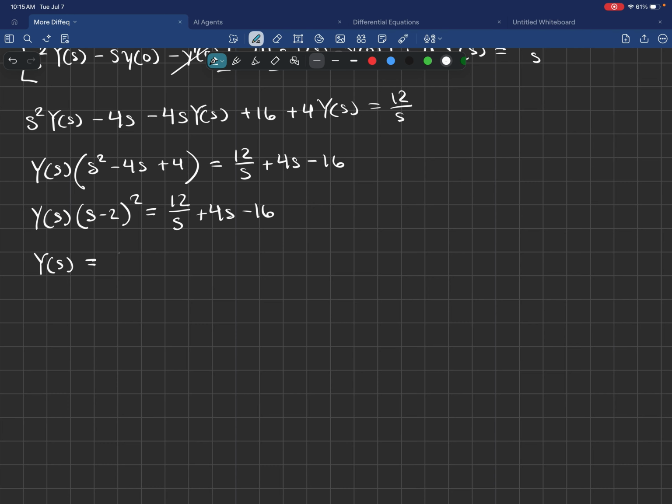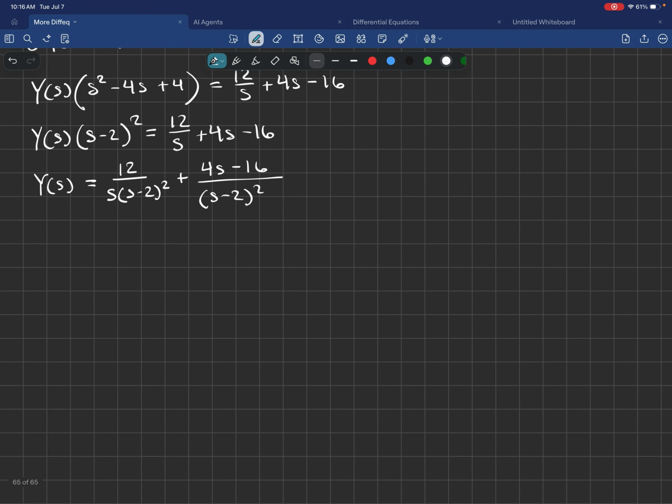Equals, so 12 over s minus 2 squared, right? This is going to be plus 4s minus 16 all over s minus 2 squared. I did this so that it can be a little bit cleaner, so that we don't have a 12 over s over this, just adding this to this denominator.